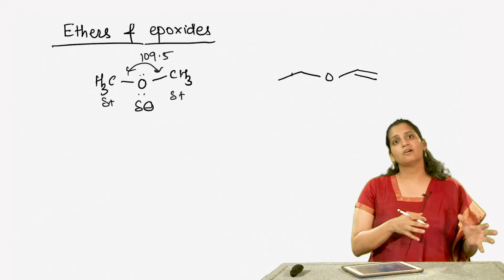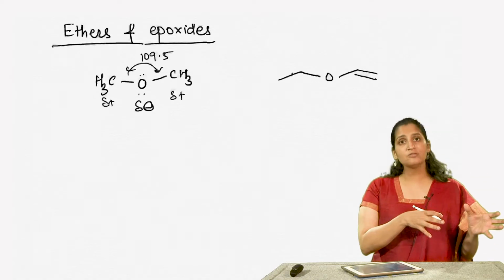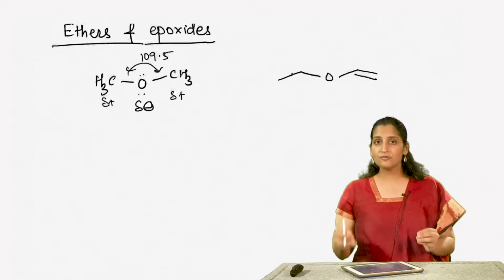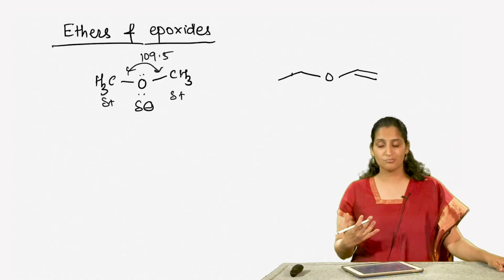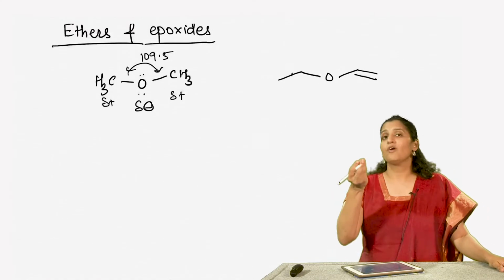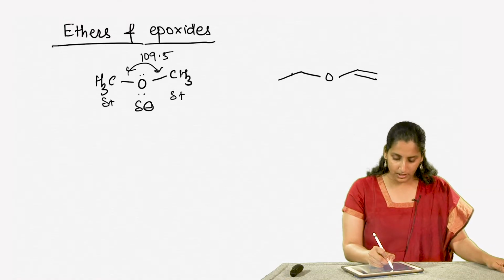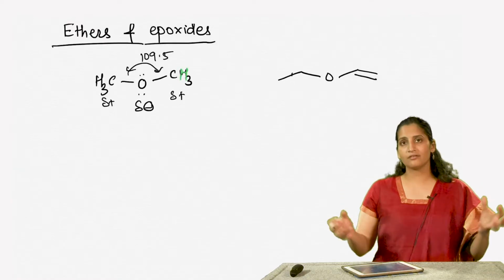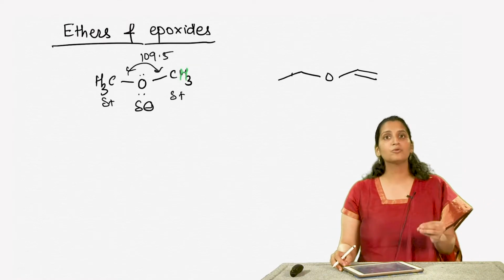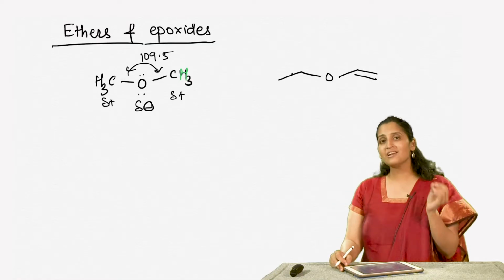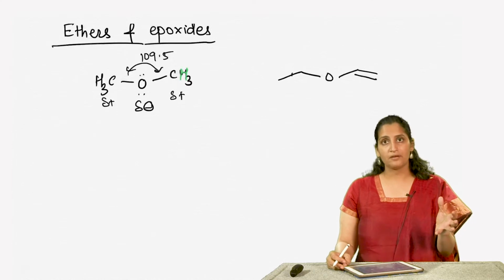In the case of alcohols, again going back, we saw that they have hydrogen bonding present. In the case of ethers, there is no hydrogen present that can hydrogen bond. Why am I saying this? Because if you think of this hydrogen, for example, or the hydrogens on the alkyl groups, they are not really hydrogens capable of hydrogen bonding, because they are not the hydrogens that are attached to some electronegative atom, right.